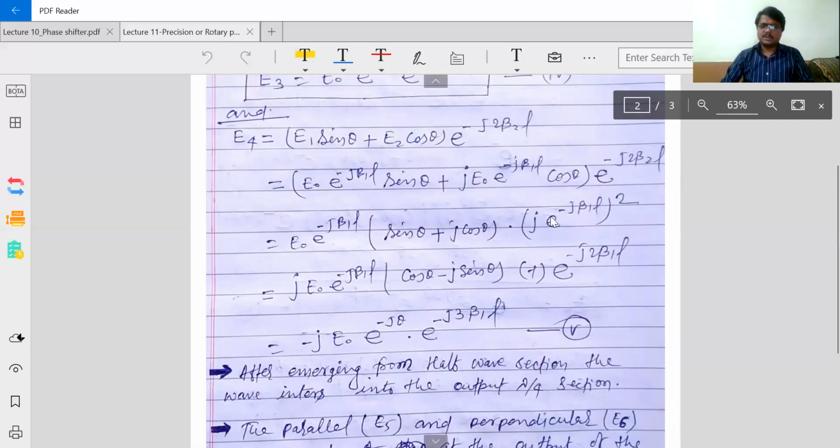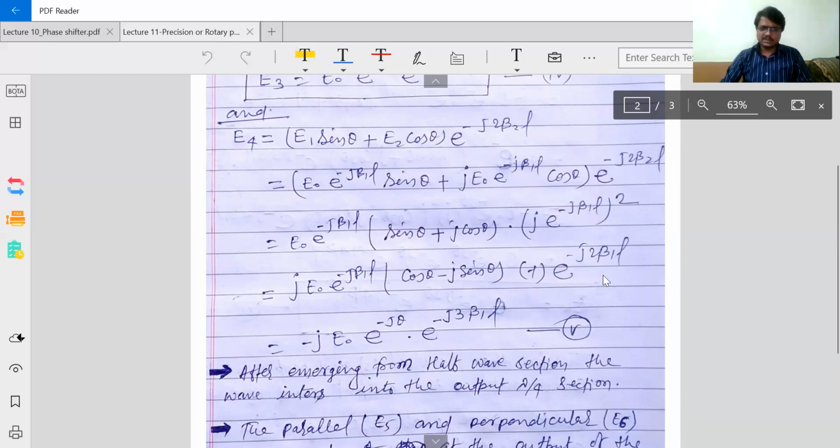So in place of this square, it is e to the power minus j beta 2 L. E to the power minus j beta 2 L is j e to the power minus j beta 1 L from equation 2 and 3. So if you square it, j square will be minus 1, and it will be minus e to the power minus j 2 beta 1.